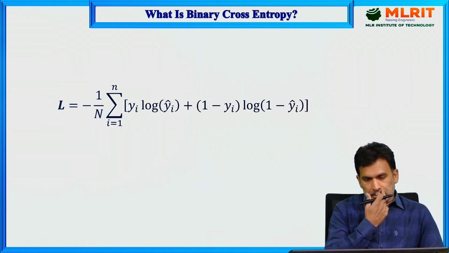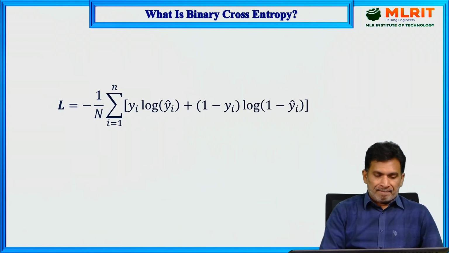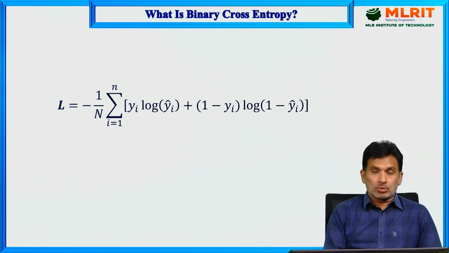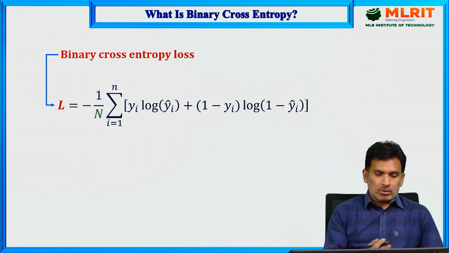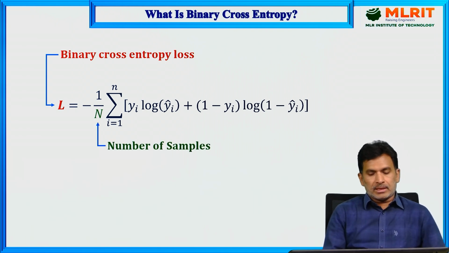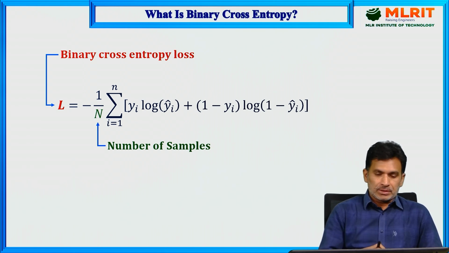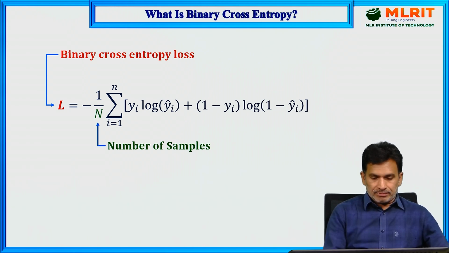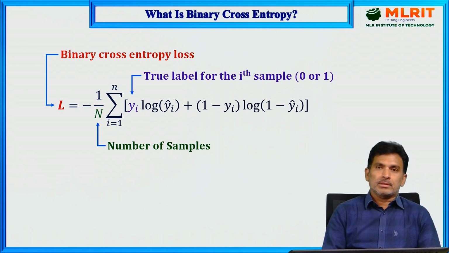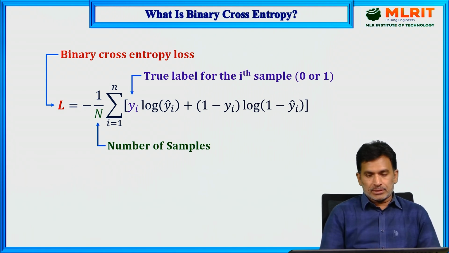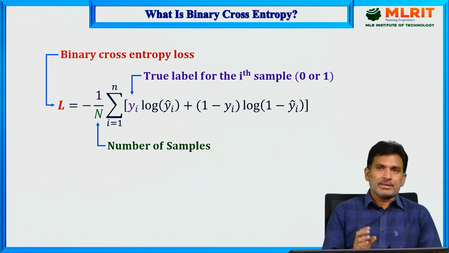Let us see the mathematical part, the equation we use to calculate the binary cross entropy. Let us see the terms in this equation, where L is the binary cross entropy loss, and n is the number of samples in the data set we are going to use for the binary classification. yi is the true label for the ith sample, and because it is a binary classification, the target label is either 0 or 1.